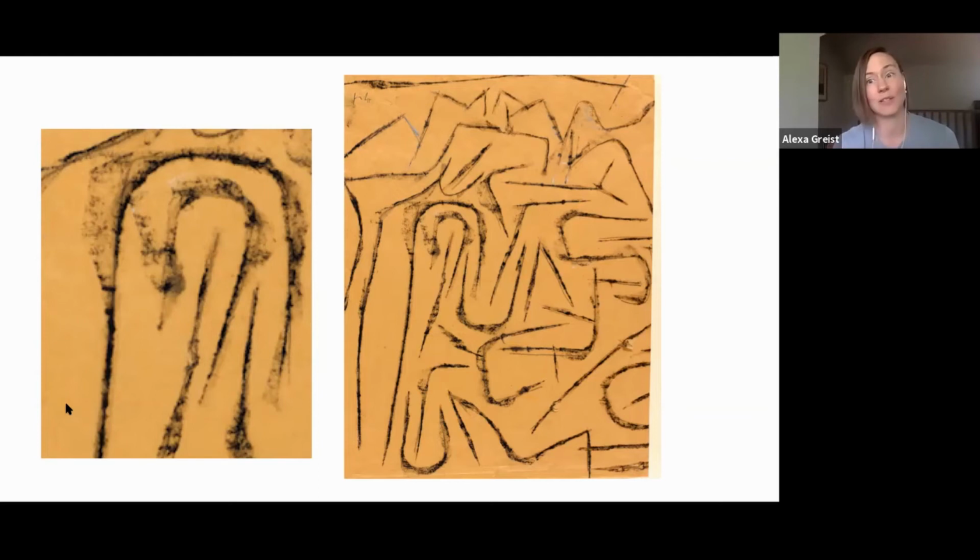Charcoal can leave hard and soft lines, but also as you look across the drawing and you look up at the top, especially for me, I see some more jagged lines. And I move down a few inches and I see sort of more curved lines. And I think that Paul Klee is playing both with what his medium can do and also what the shapes can do. And he was a playful man in terms of drawing and painting, and really loved to absorb the childlike qualities of actually children drawing and playful aspects of life.